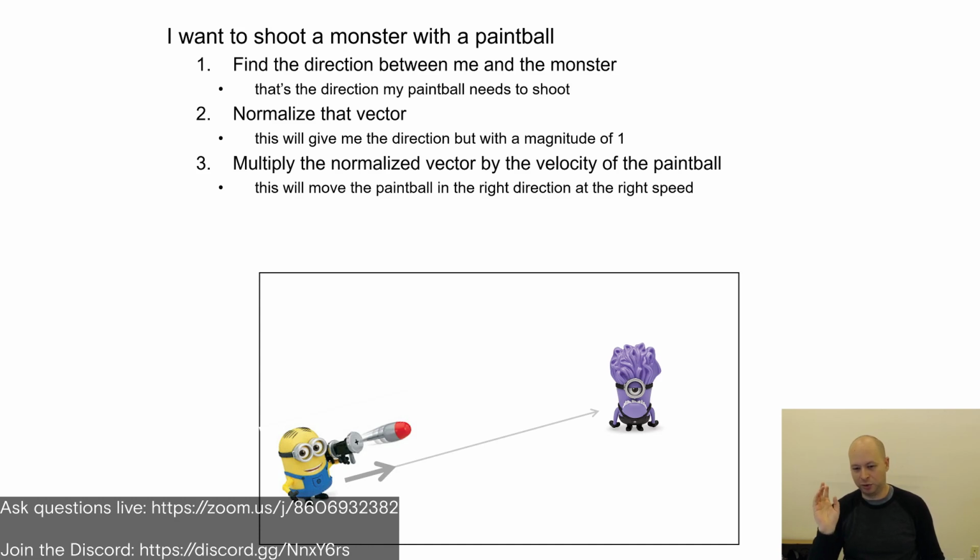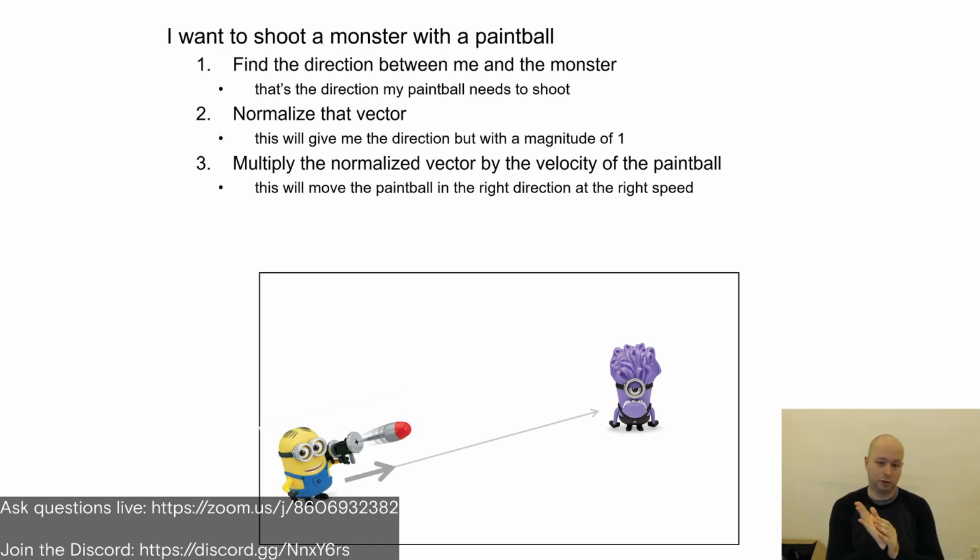So say I wanted to hit a monster with a paintball. I would figure out in which direction it is, so I would take its position and my position, and subtract my position from theirs, giving me the change of position that I would need. That gives me a vector, and then I would normalize that vector.